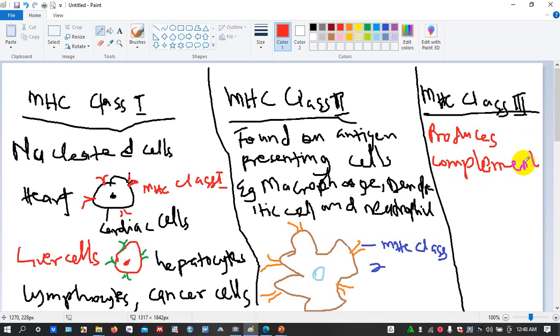This MHC class 3 provides the proteins, and some are also saying it produces cytokines and other things. So let's leave it at the protein. We may come and refer later. So this is what we have for complement and for the MHC. Let's go back to our slides.